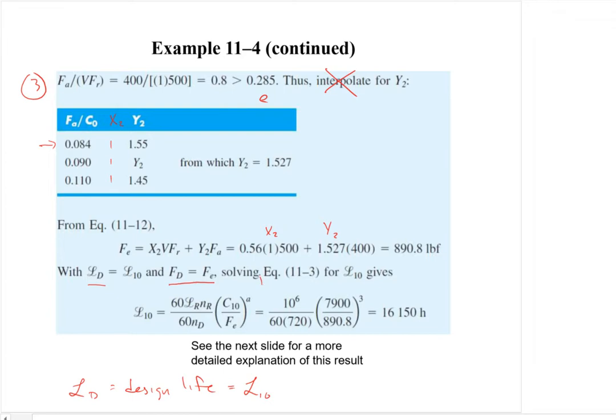And so they're using equation 11.3 for solving for L10, and they calculate 16,150 hours.